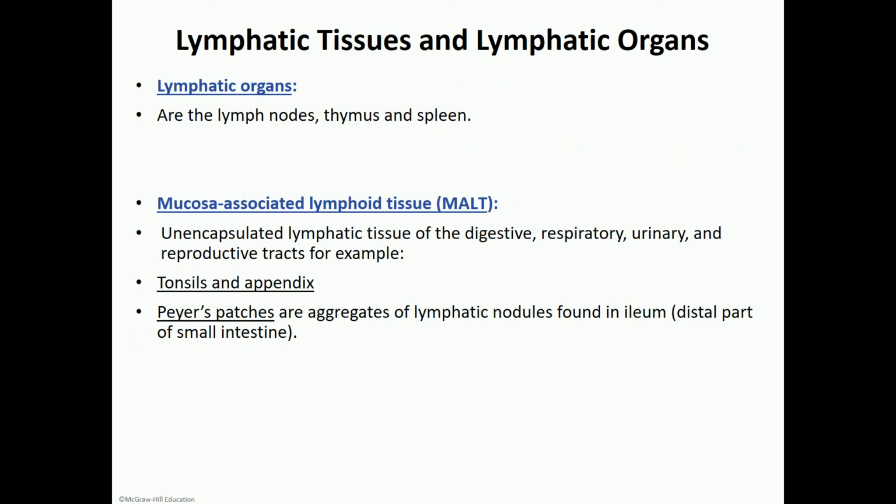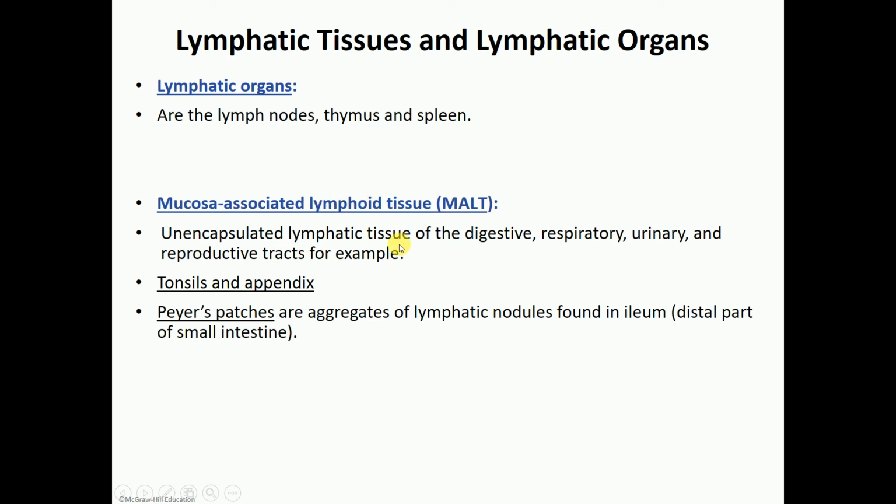Now, the lymphatic organs that we have are our lymph nodes, the thymus gland, and the spleen. So these are the bigger organs, and we are going to touch upon each one individually. We also have scattered lymphatic tissue throughout our different systems, and those are known as MALT, or mucosa-associated lymphoid tissue.